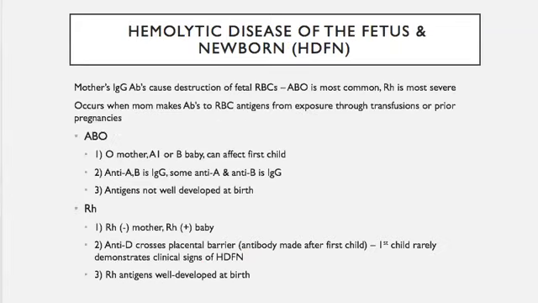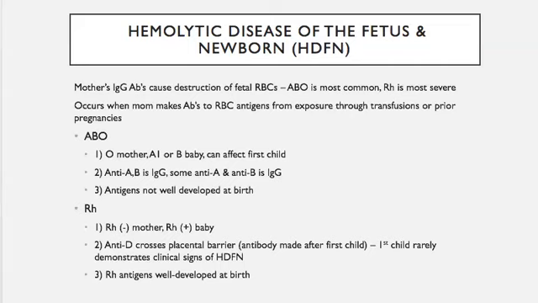Hemolytic disease of the fetus and newborn. In this condition, you've got mother's IgG antibody that is causing destruction of fetal red cells. ABO antibodies are most common, but Rh antibodies is where you'll see the most severe reactions.